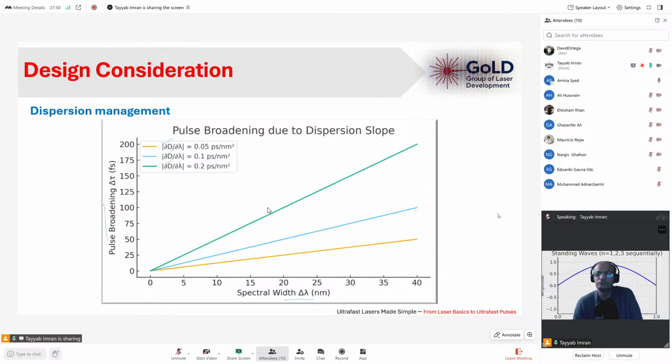Come again. Who was there? What exactly is this plot showing? Gazanfar, are you there?